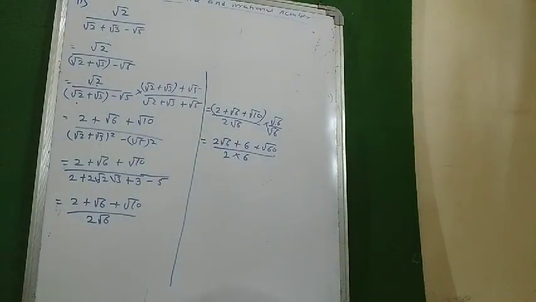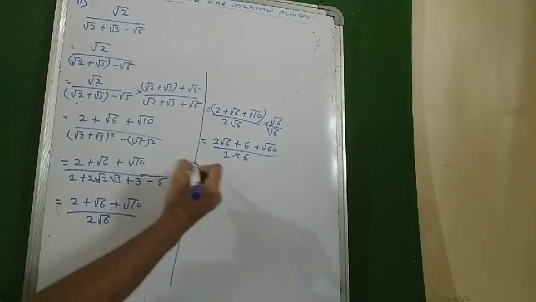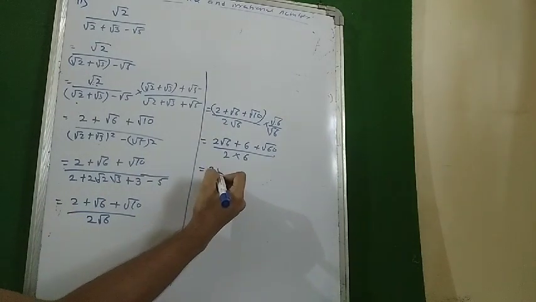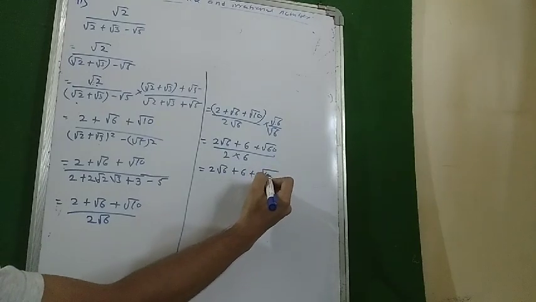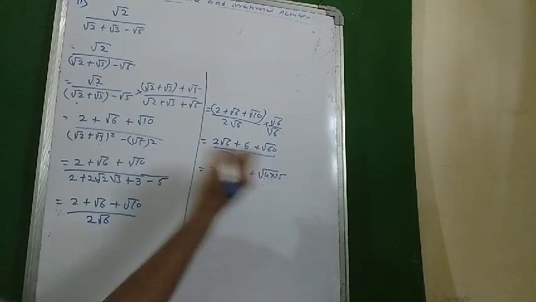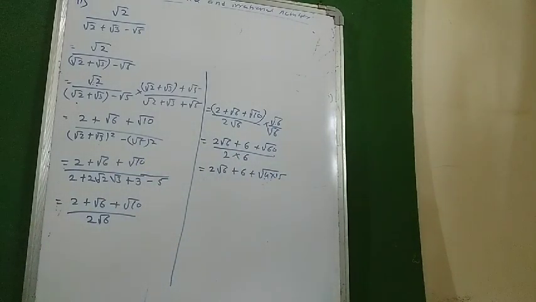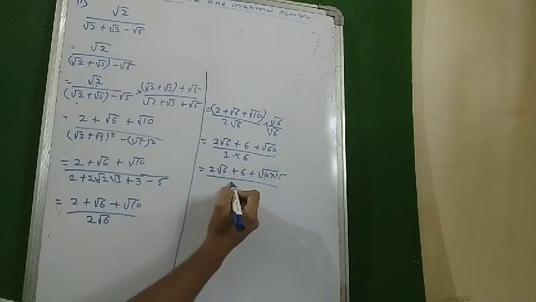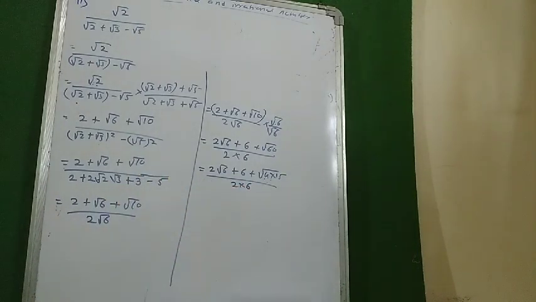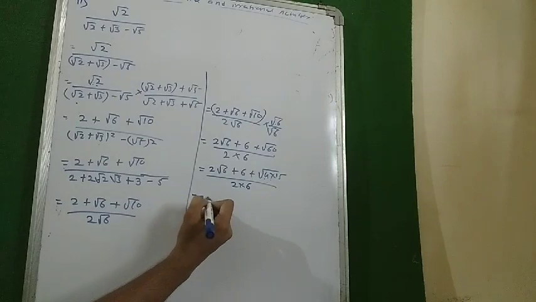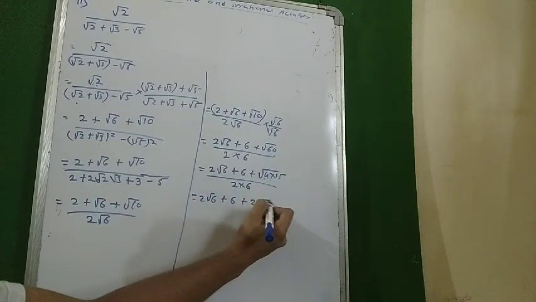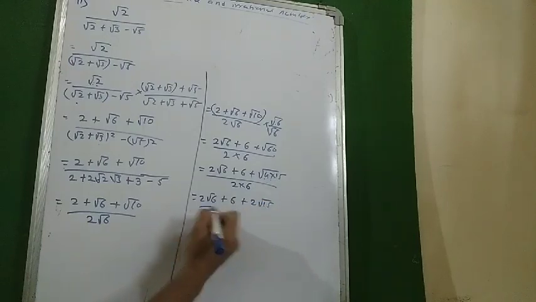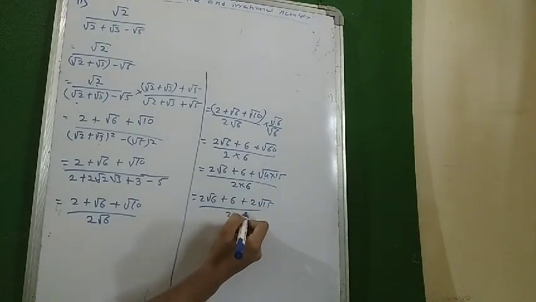Okay. Now, 2 root 6 as it is, 6 as it is, and 60 can be written as 4 into 15, where 4 is the perfect square. Okay. So here we have 2 root 6 plus 6, and 4 comes outside as 2, into root 15, upon 2 into 6.